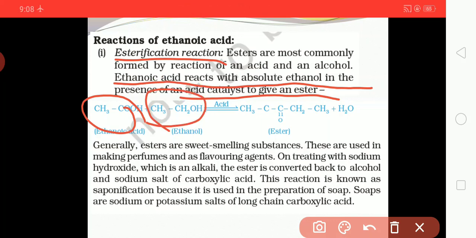So what will be seen? From the acid, OH is removed, and from the alcohol, H is removed.